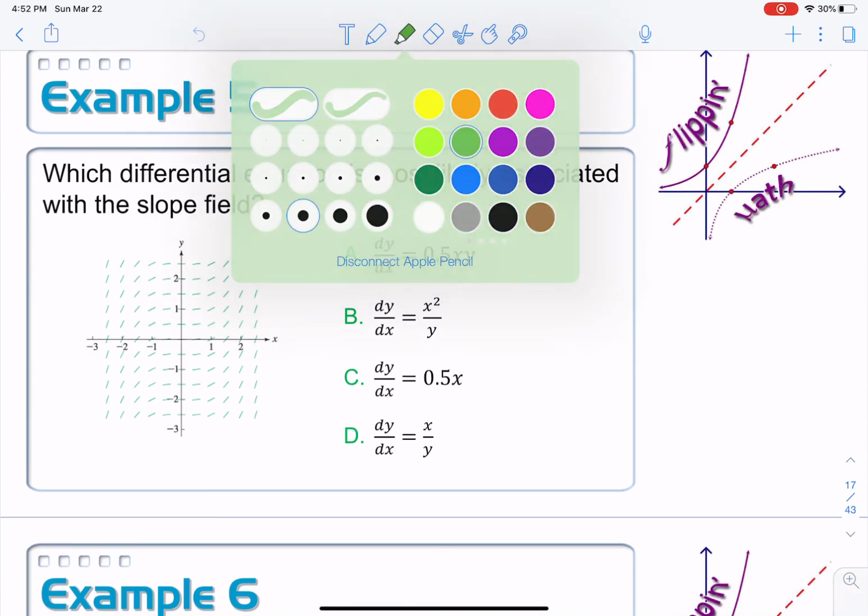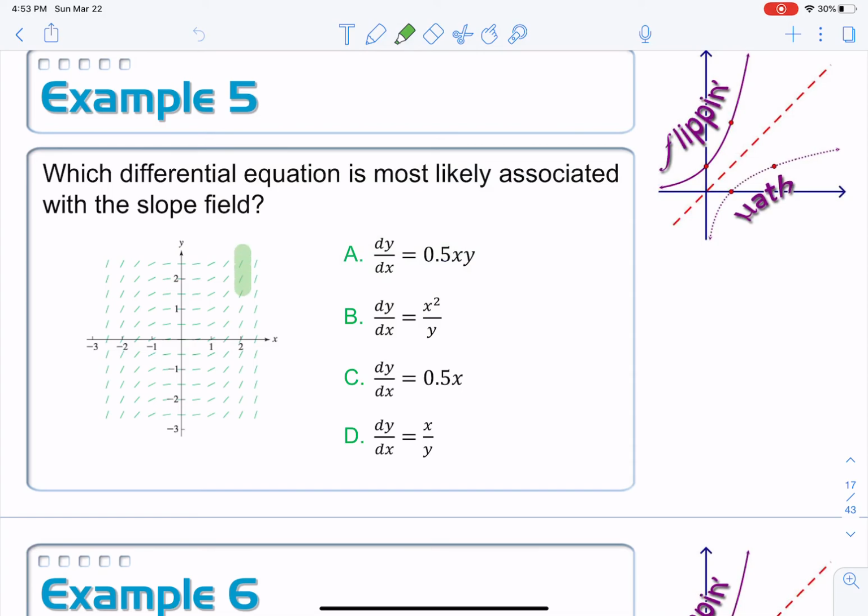I need to change this to green so everything matches up. Everything here is the same, everything here is the same. All these vertical columns are the same, which means that our slope does not depend upon y. Anything that has a y in it, I'm going to cross out, which leaves only one answer, which is C.